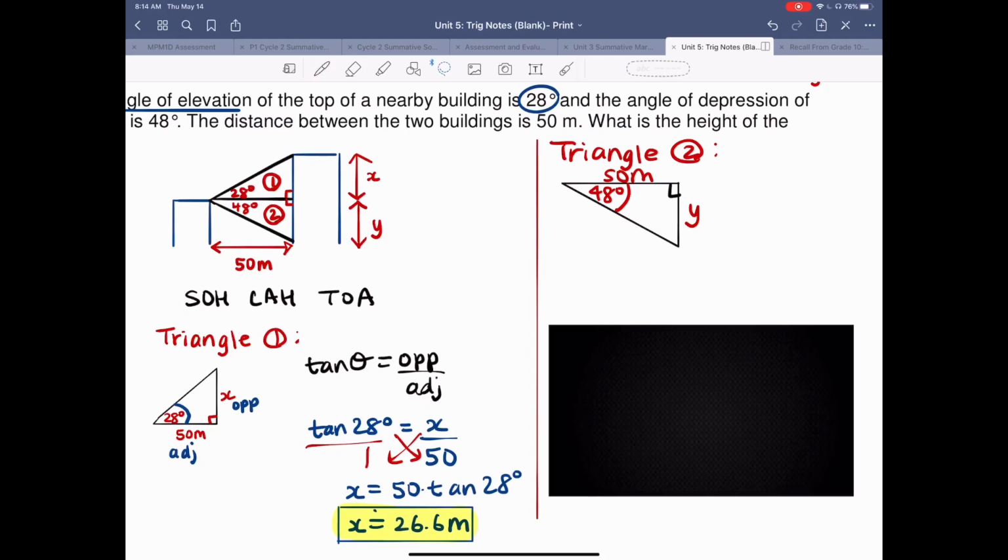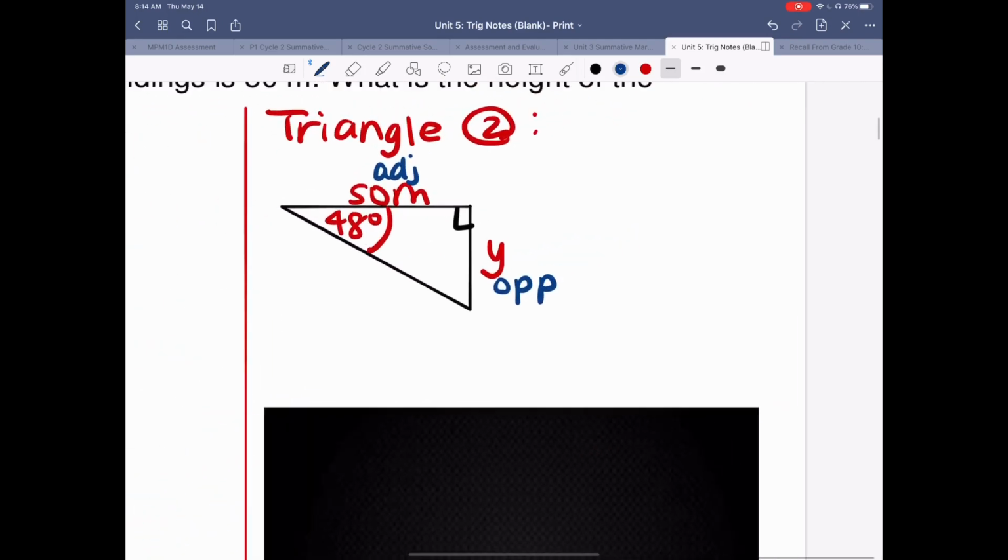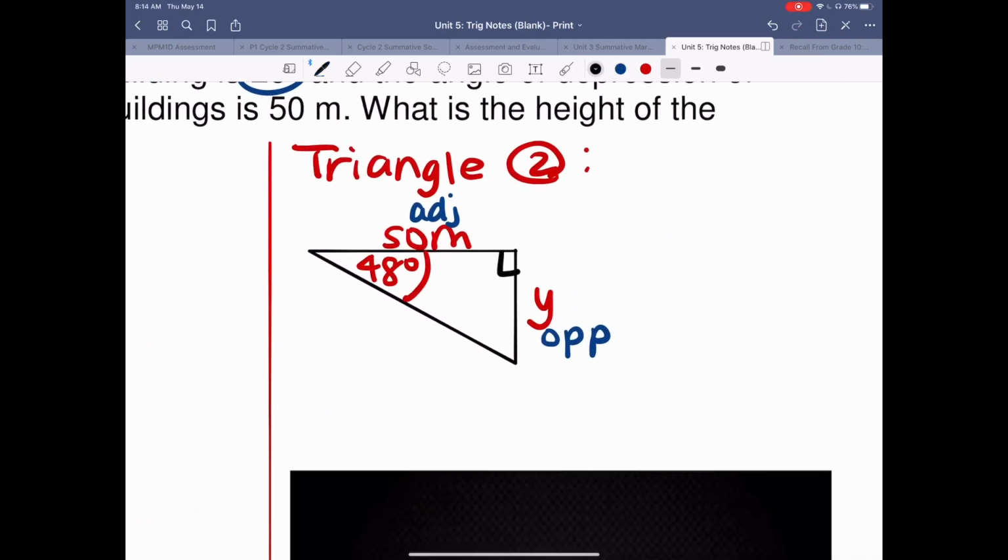At this point, I'm going to start labeling the opposite, hypotenuse, or adjacent. There is no hypotenuse that needs to be labeled. I do have my adjacent, and I am dealing with the opposite. So in this case, tan theta is equal to opposite over adjacent.